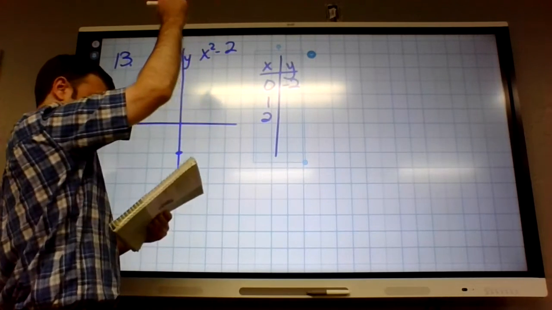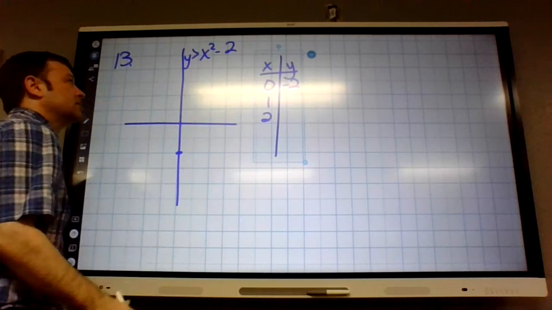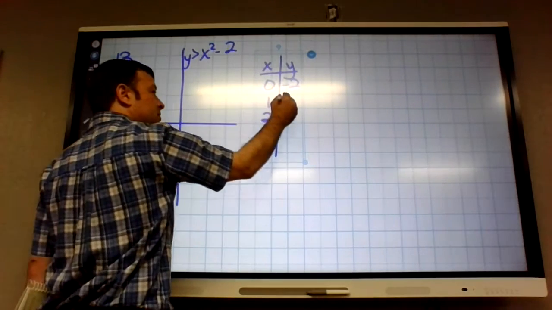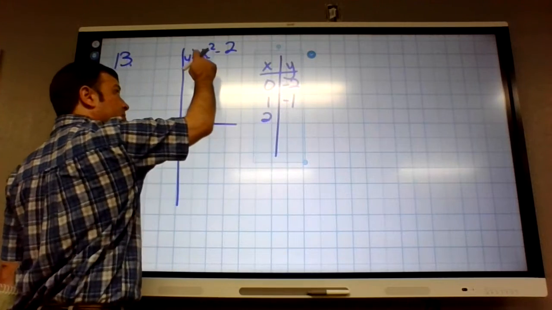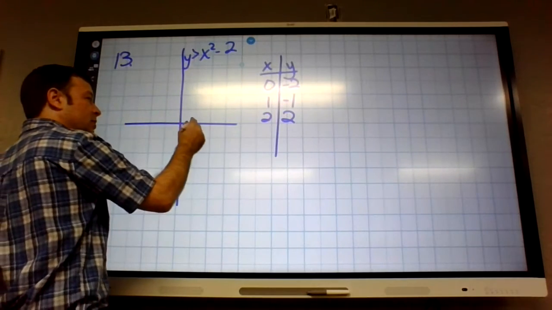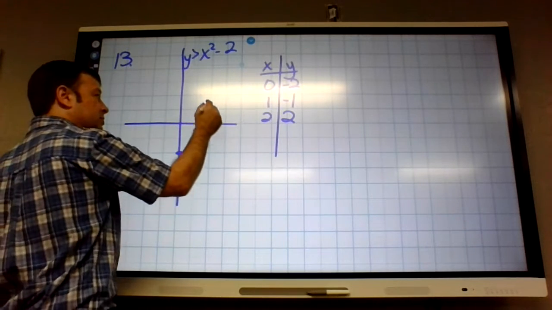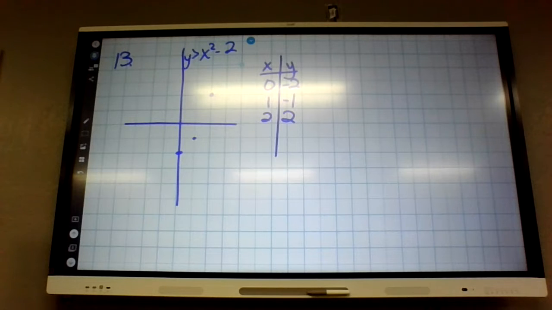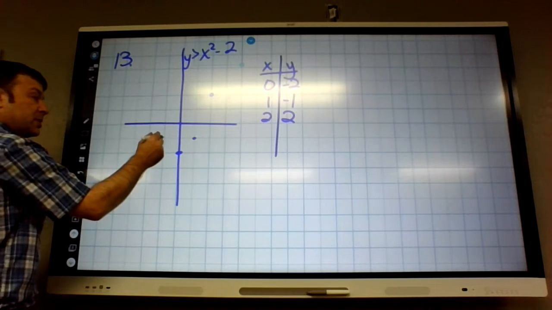So if I plug in 1, 1 squared minus 2 is negative 1. 2 squared minus 2 is 2. So 1, negative 1, 2, 2. And then I'm going to draw the mirror image over here.